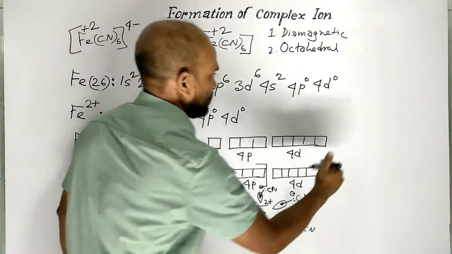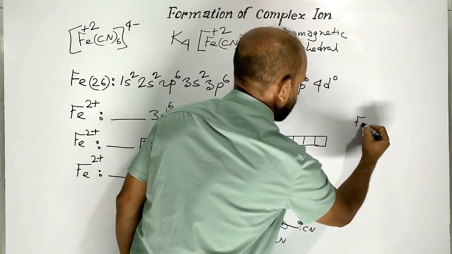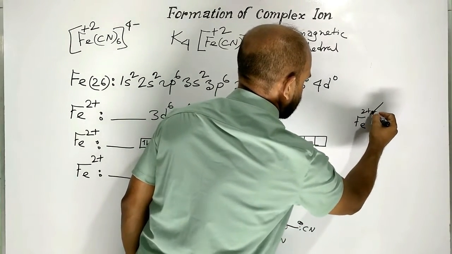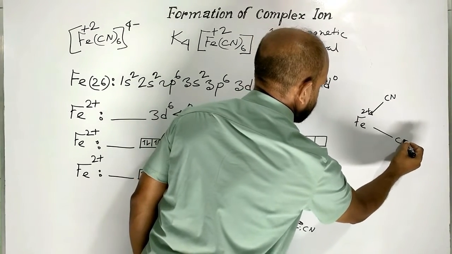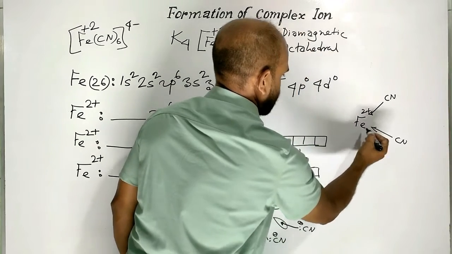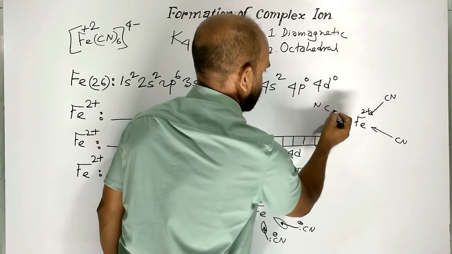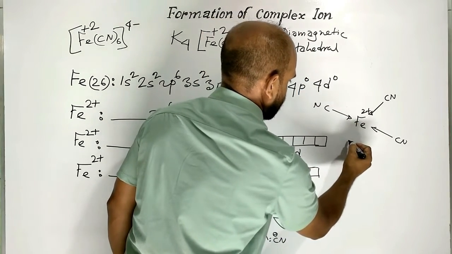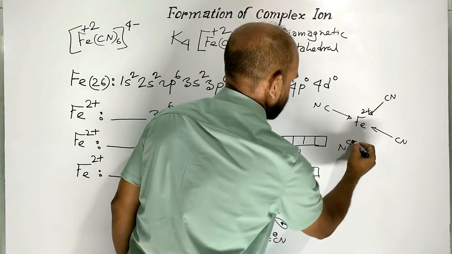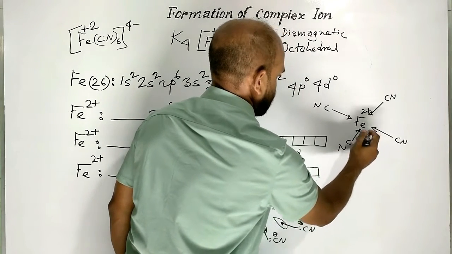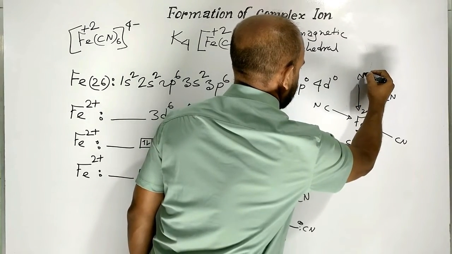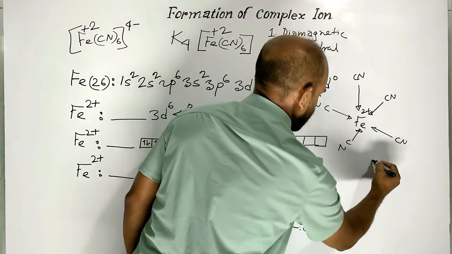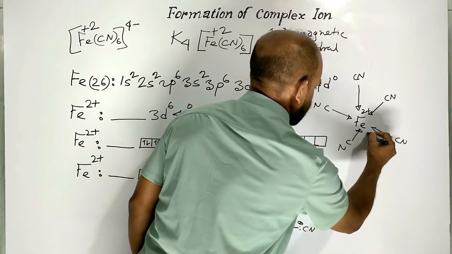This can be shown simply in this way: iron 2 plus ion, cyanide ion, another cyanide ion, cyanide ion, cyanide ion. Above the plane, one cyanide ion, and below the plane, another cyanide ion.